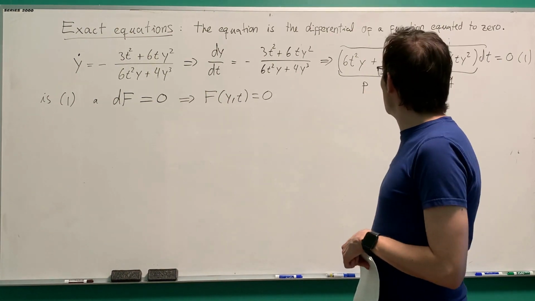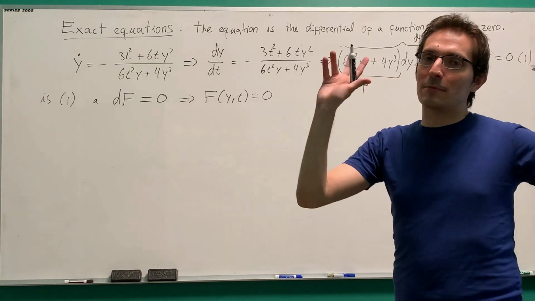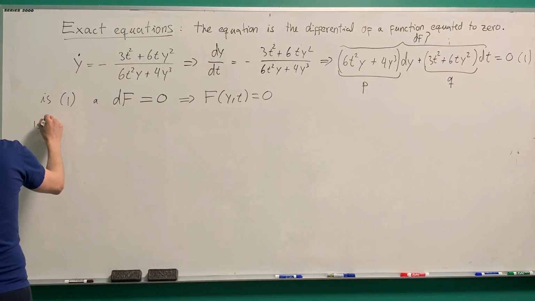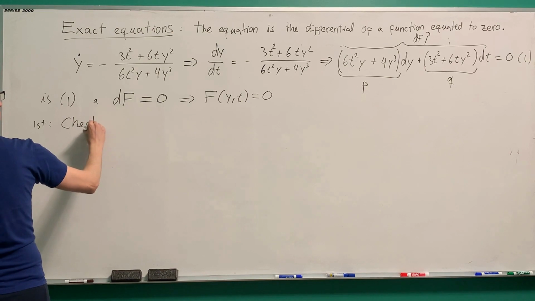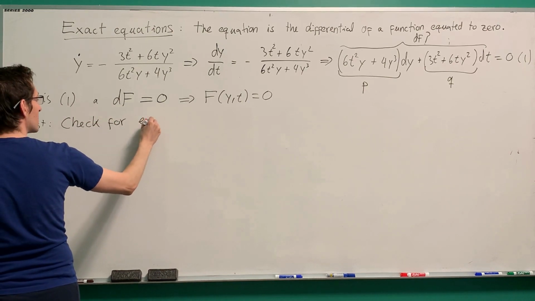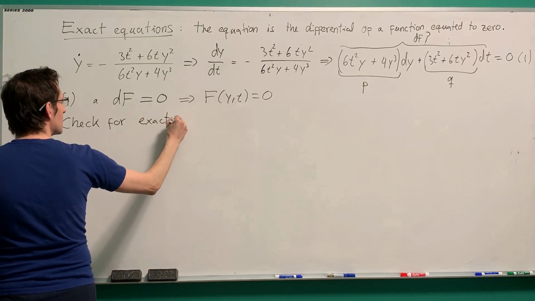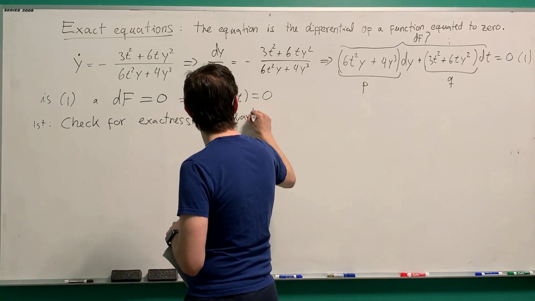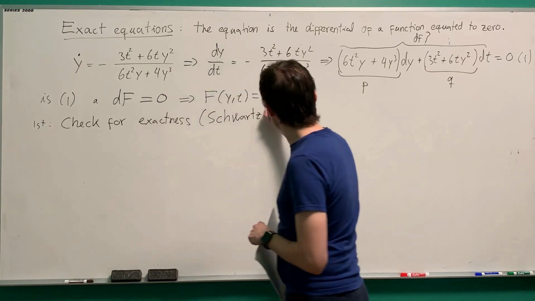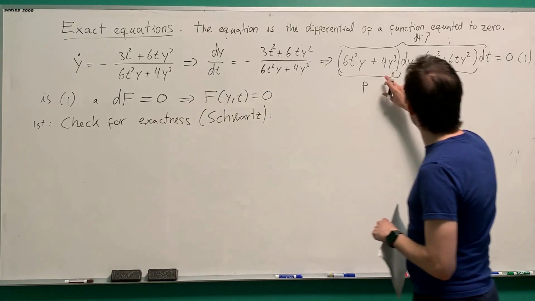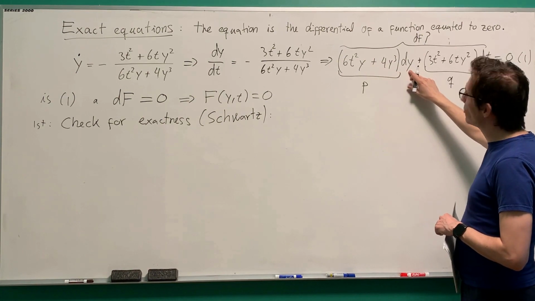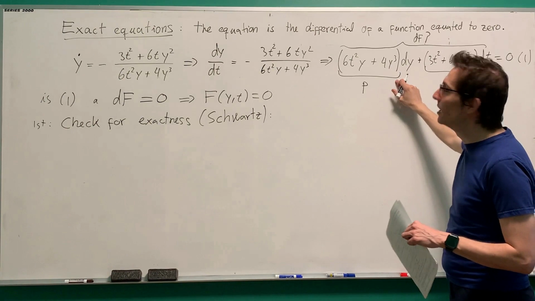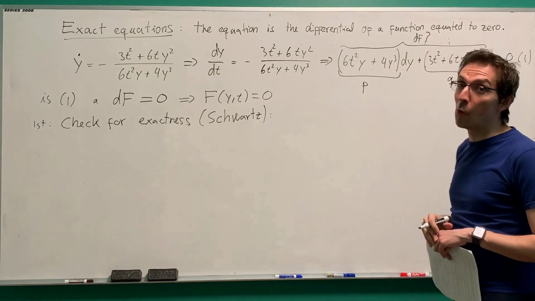All right, let's check. How can we check? Well, Schwarz, right? First, check for exactness. What does that mean? Well, that means that this thing, the partial with respect to t, should be equal to this thing, the partial with respect to y.